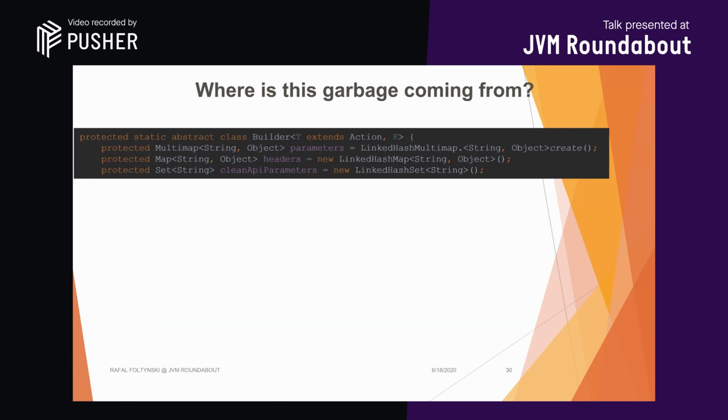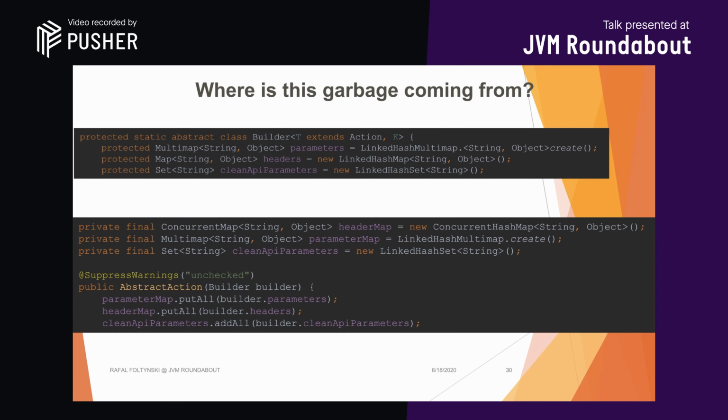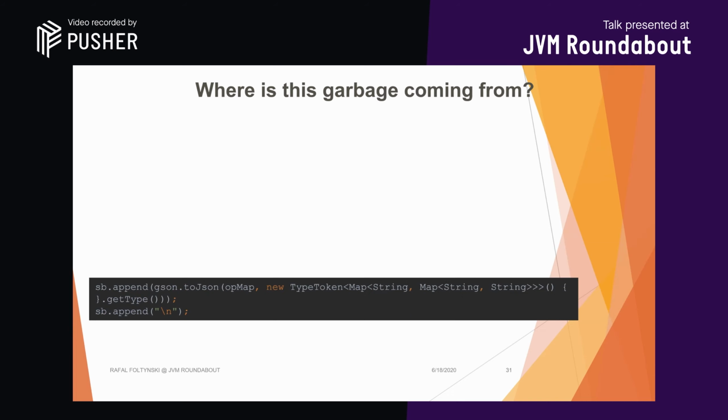And when I started to dig, where is this garbage coming from? It turned out that a lot of classes are pre-allocating a lot of maps, which are then passed to other maps. And then we are using JSON to serialize it.